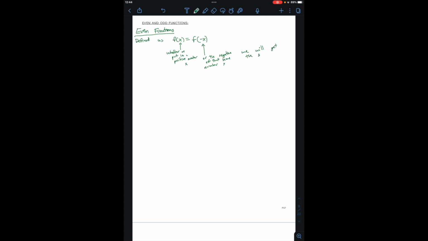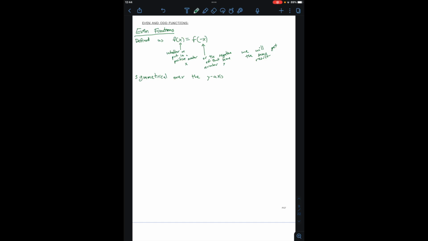the same result. Okay? This creates what is called a symmetry, or even functions are symmetrical over the y-axis.